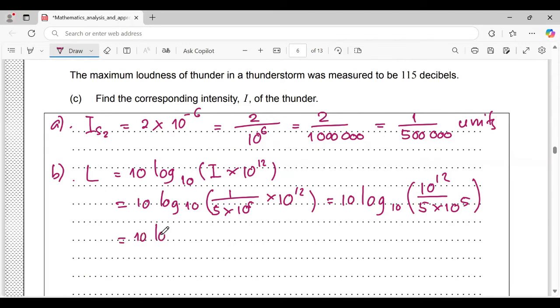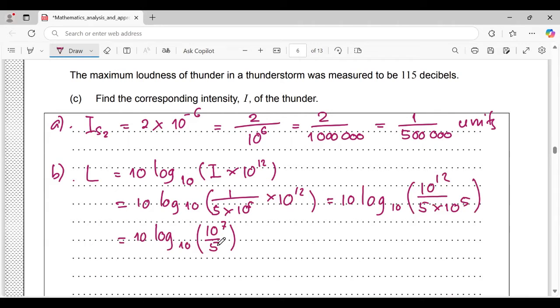It becomes 10 log, and 12 minus 5 is 7. So it is 10 power 7 over 5. Okay, like that.